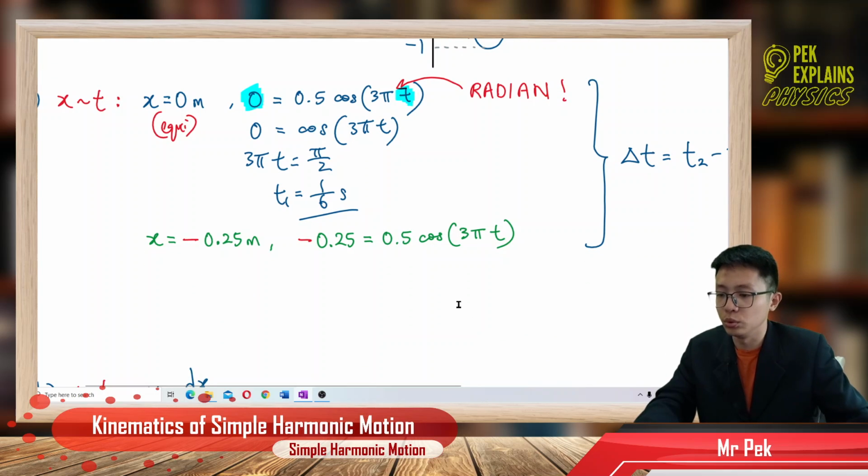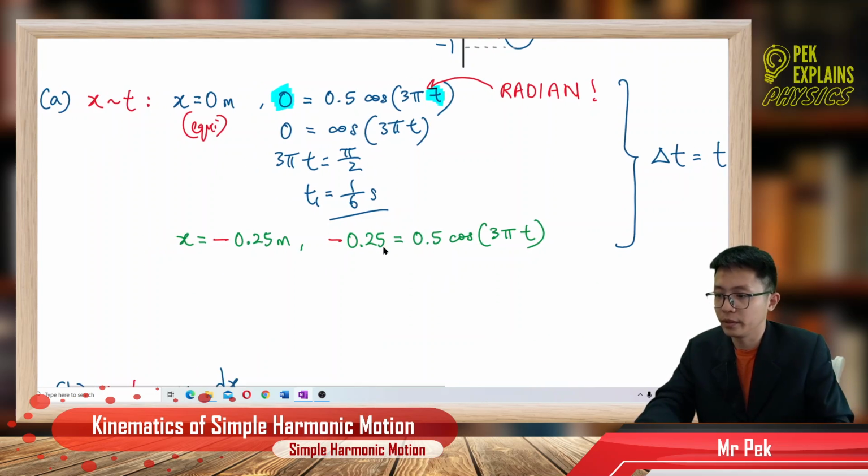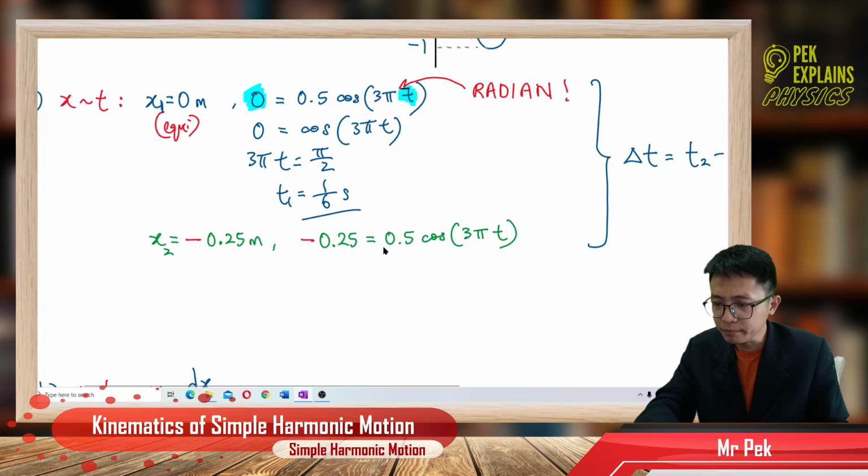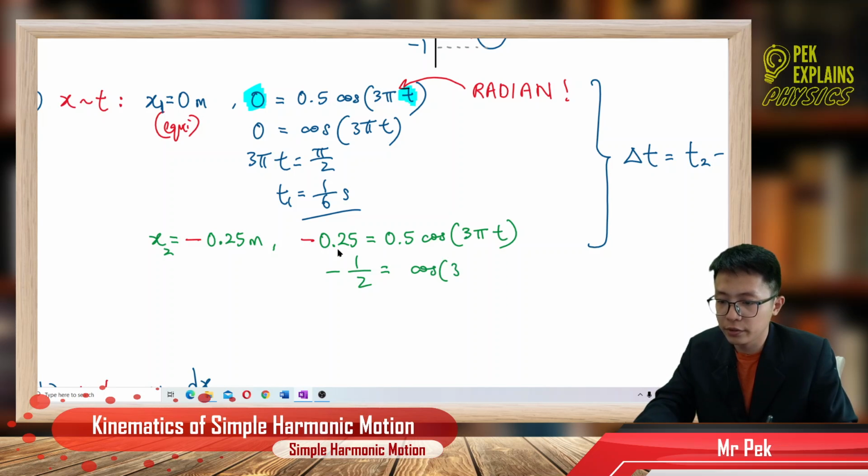Now our time 2. This is x1 and this is x2. How to find time 2? Just solve it. After you divide, this is negative 1 over 2. So cosine 3 pi t equals negative 1 over 2, and using the calculator, 3 pi t is equal to 2 pi over 3.